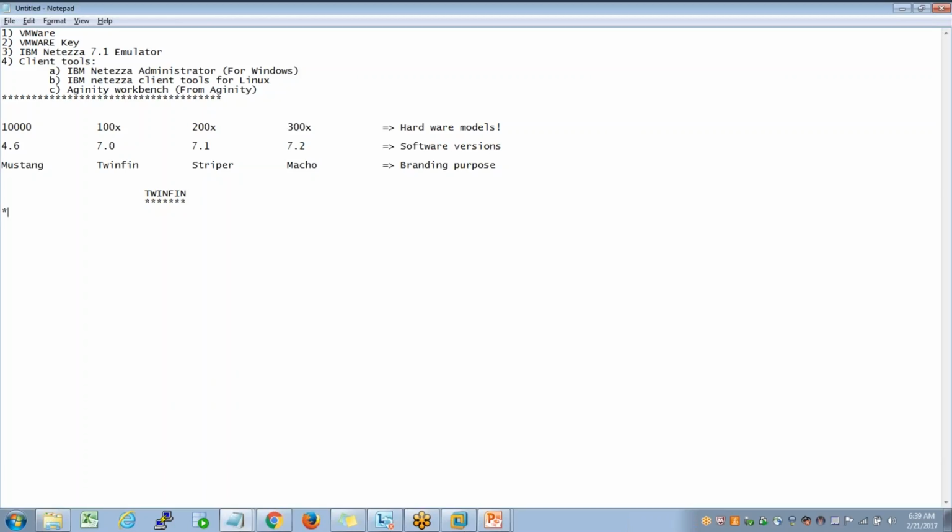Three major components. On top we have storage. In the middle we have the host. At the bottom I have blade servers.